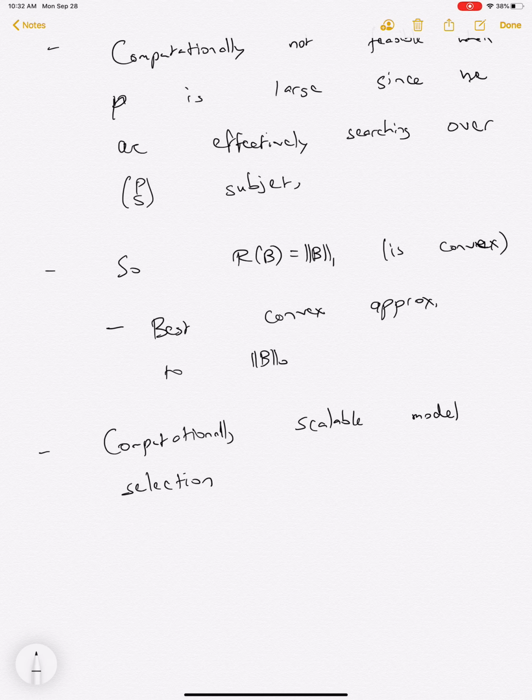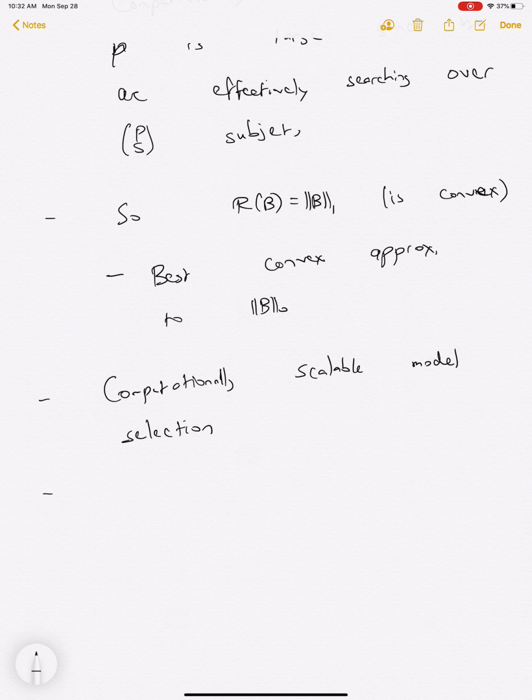It provided a computationally very tractable way to do it, because R of B is convex, and we've already learnt that nice things happen with convex objectives. We're going to see that it gives quite a nice algorithm today, and because we have convexity, we can say a lot of nice things about those algorithms.